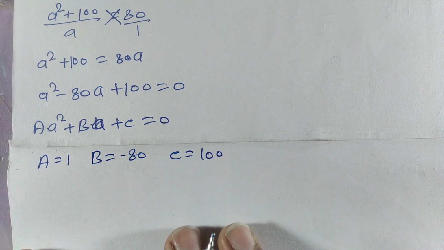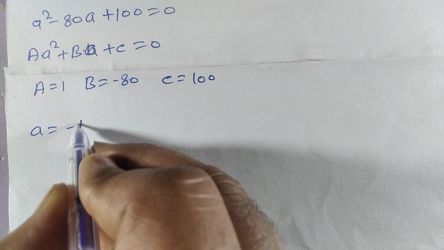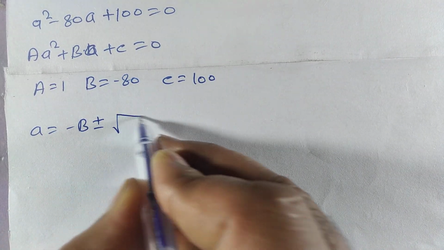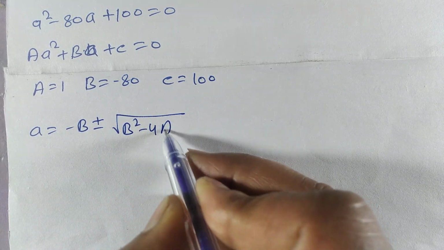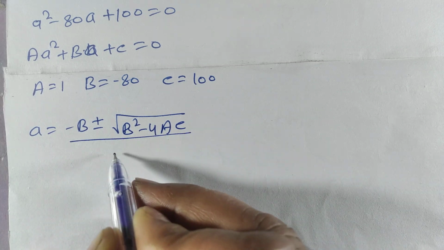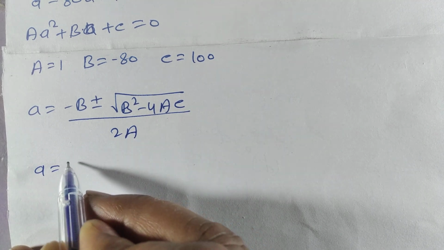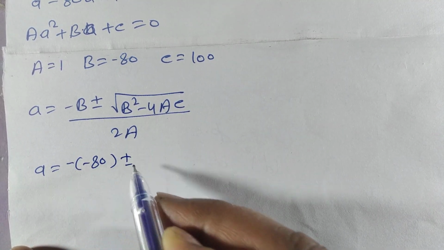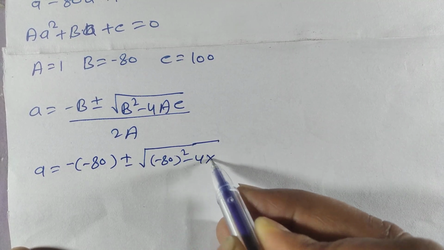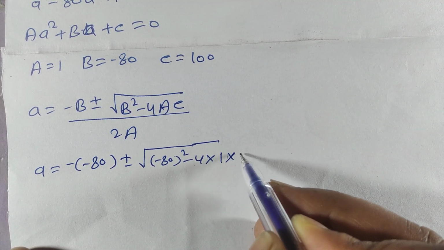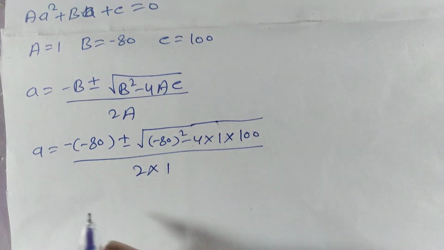Now applying the formula, a is equal to minus b plus or minus square root of b square minus 4 into a into c, over 2 into a. Putting the values here, a is equal to minus into minus 80 plus or minus square root of minus 80 square minus 4 into the value of a 1, the value of c 100, over 2 into the value of a 1.